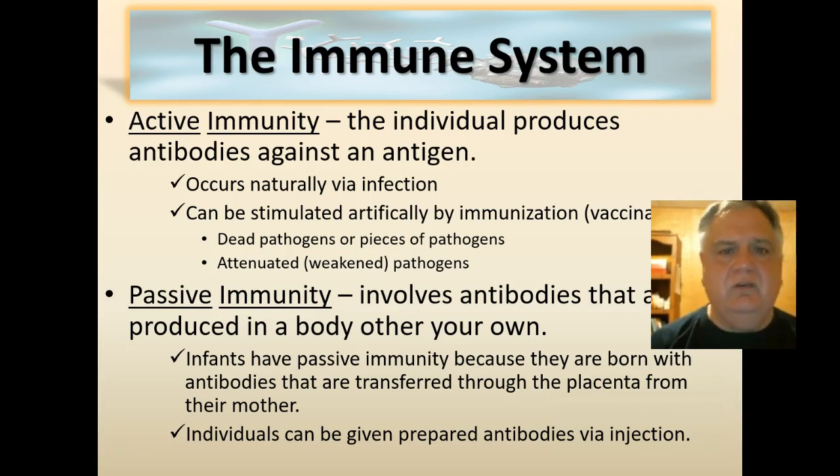Anti-venom actually consists of antibodies that were produced either by genetic recombination or in the body of an individual that's been infected. Then through the injection, the antibody is delivered into the body of the individual who's been bitten by the snake. Those antibodies will work to help remove the toxin from the system.